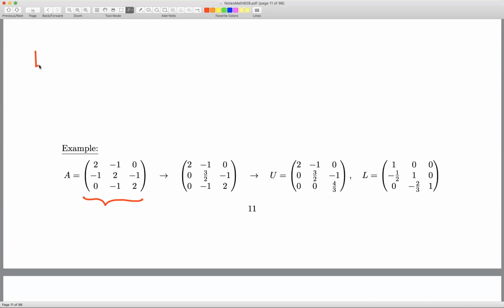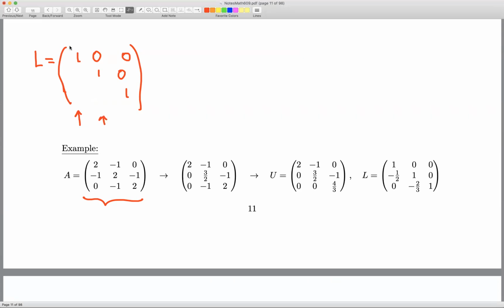So we know that the matrix L is a matrix that will be a 3 by 3 matrix. It will have ones on the main diagonal. Above the main diagonal, it will have zeros, and we have to fill in the elements below the main diagonal in the first and in the second column.